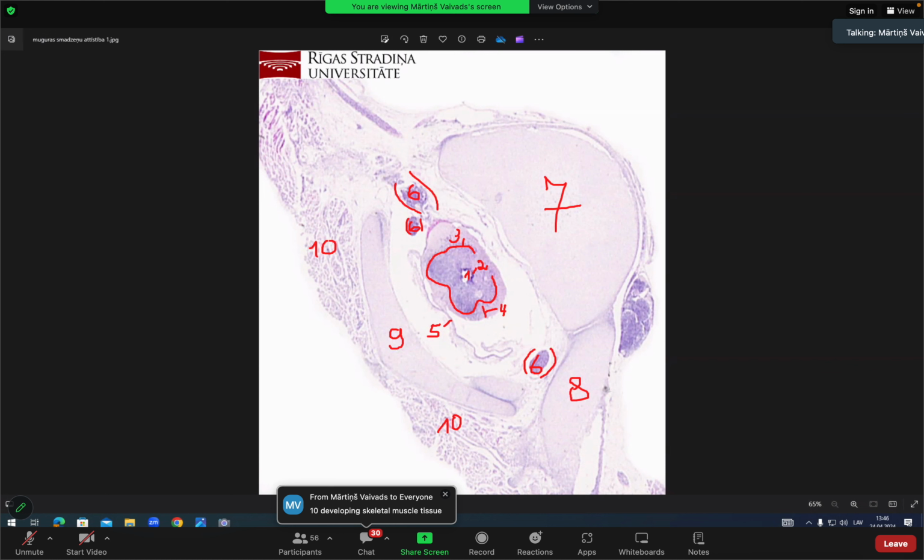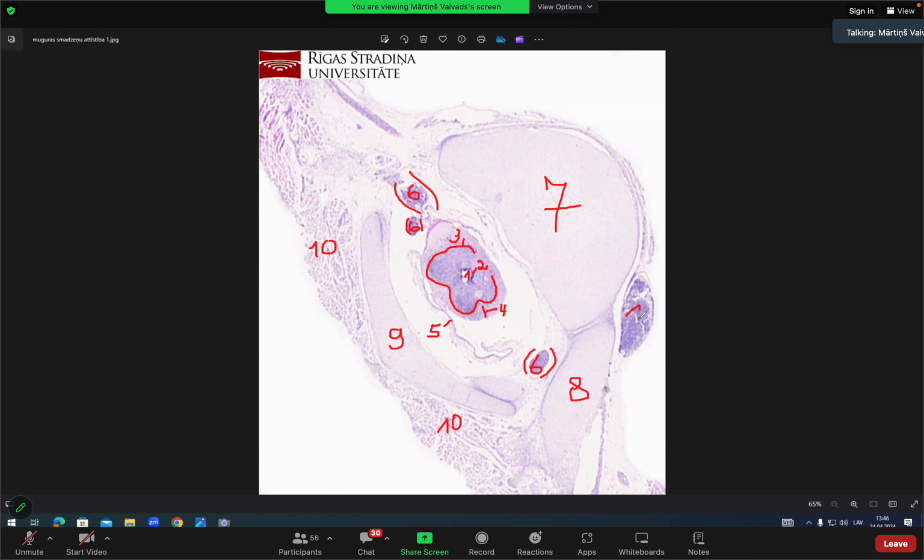The back muscles, I would say. Most likely, if they're close to vertebral column, these might be not intervertebral muscles, but muscles that help to connect the different ligaments, different parts of vertebral column together. So the back muscles, to say it for short. But if you write skeletal muscle tissue, it's okay.